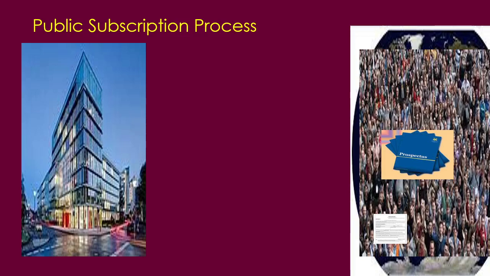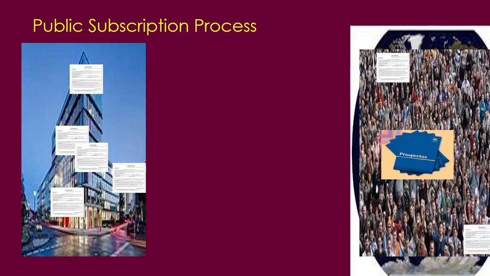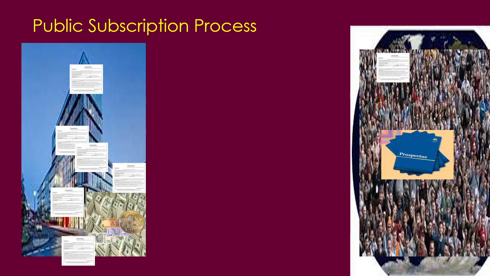After going through the prospectus, the general public will apply for the shares and debentures of the company. Along with these applications, the general public will send their subscription amounts to the company. So this company is going to collect the amount from the general public and raise funds from them.